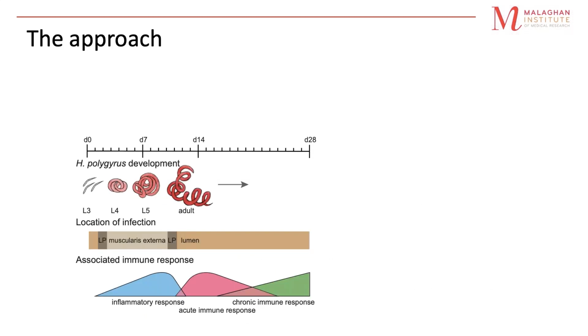It is already well known that there are different waves of immune responses against parasites, but a multidimensional kinetic assessment of the infected intestine is still missing. The approach that we followed was to obtain gut helminth-infected single cells from different time points. So we collected gut samples from day 0, when mice were not infected, so naive mice.